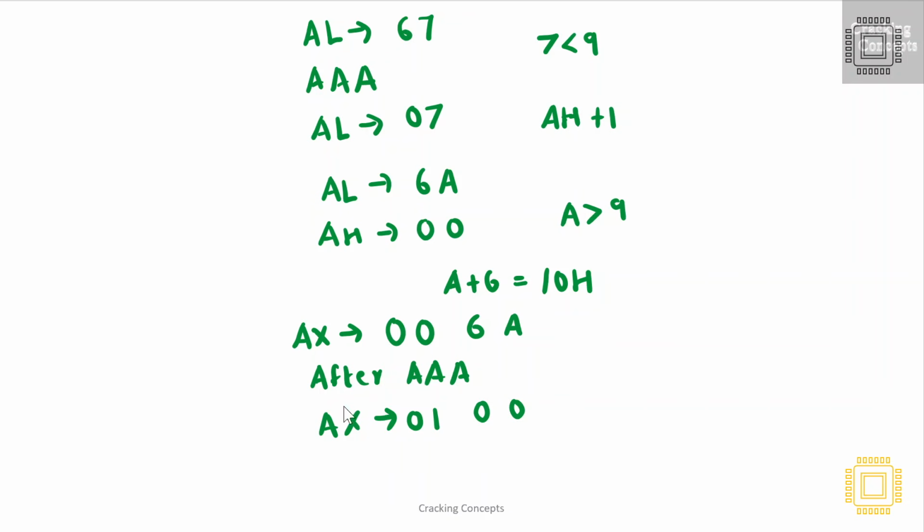The final value of AX will be: the higher digit will be sent to AH, the lower digit will be sent to AL. Initially, AX was 006A. After ASCII adjust, it changed to 0100.